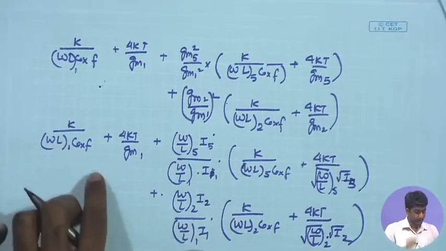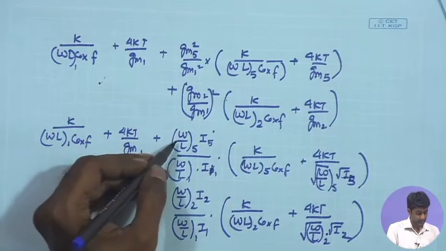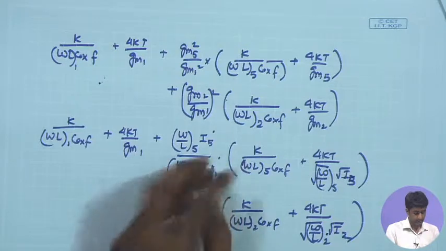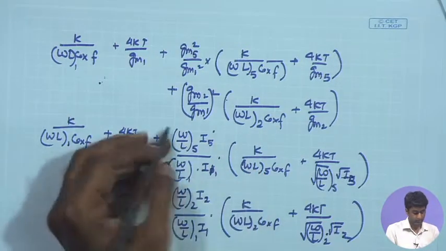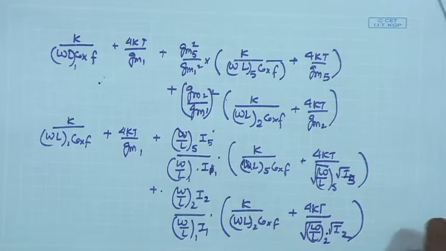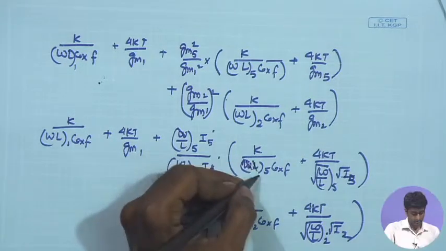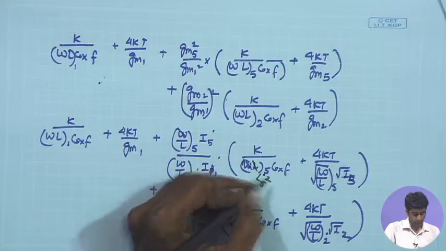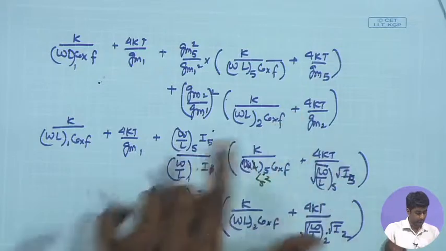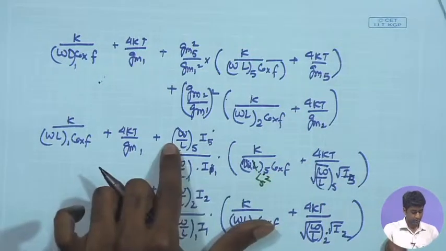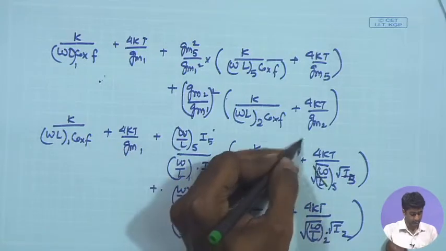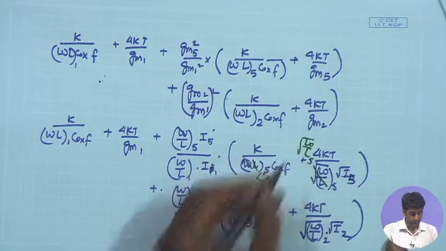Now if I look at the W by L dependencies, I can take this in, and therefore you will have the L5 square coming over here. So I have L5 square in the denominator. Here, however, I have once again root under W by L coming into the denominator. So this gets cancelled with the term, and I have root under W by L5 coming in the numerator.